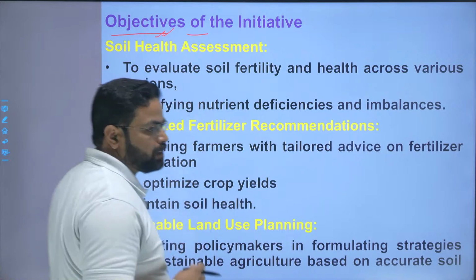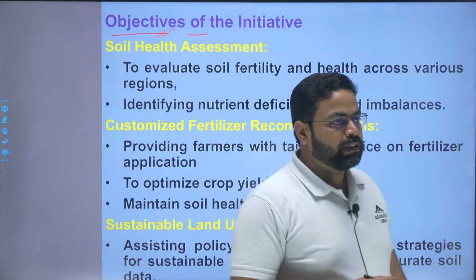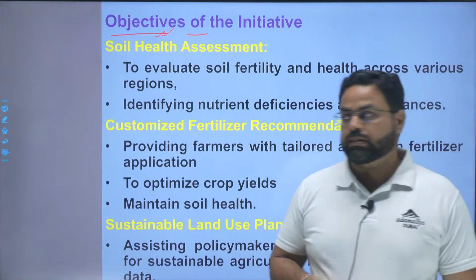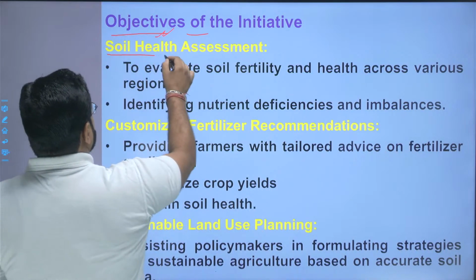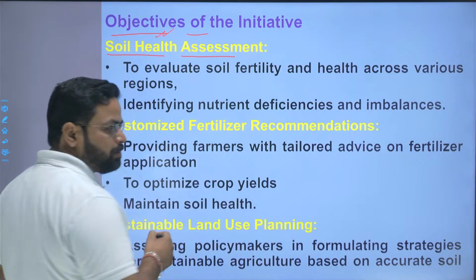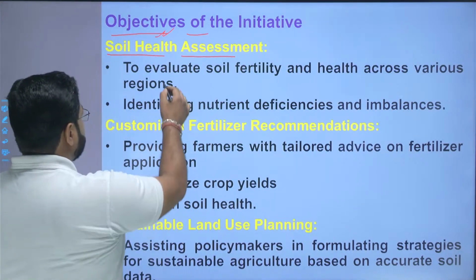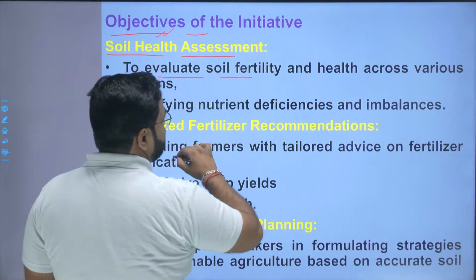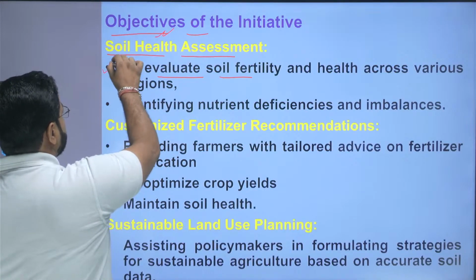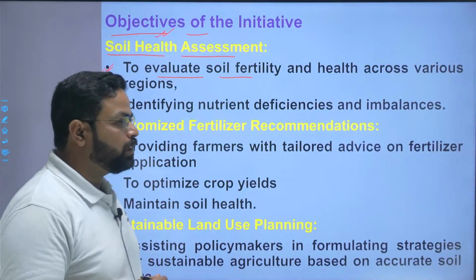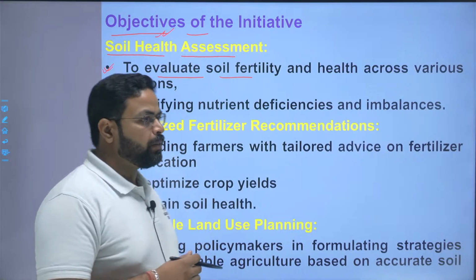And here, what are the objectives of this initiative? Why is the government doing this? So basically, first is the soil health assessment, to evaluate the soil fertility and health across the various regions of India, and to address the problems related to soil health in India.